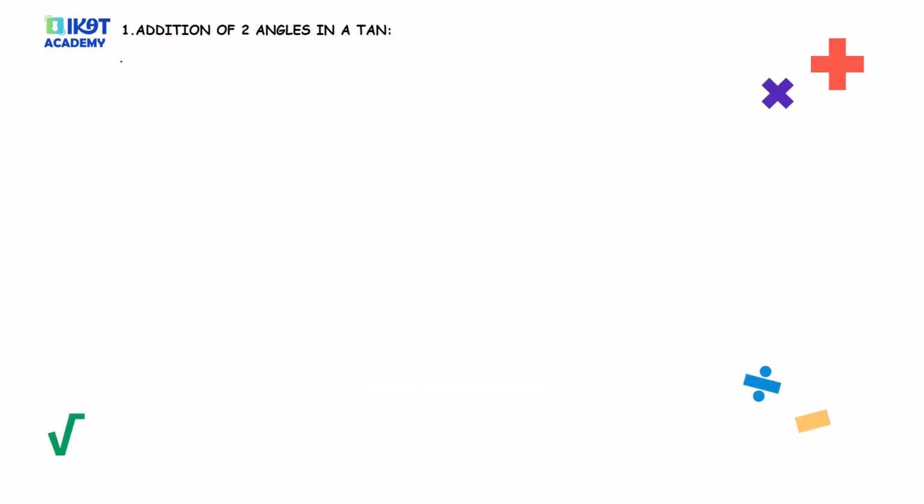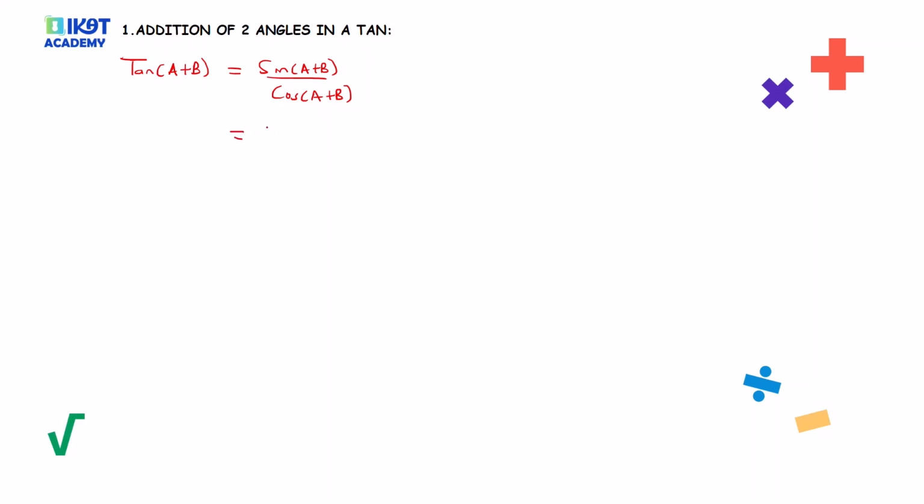Addition of 2 angles in a tan, this one we prove from the above formulae. So we have tan(A+B). You know tan is sine out of cos. So this will be sin(A+B) out of cos(A+B).